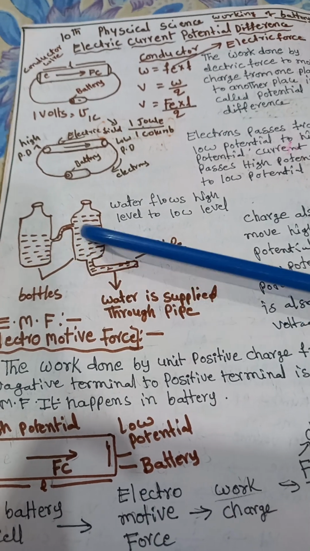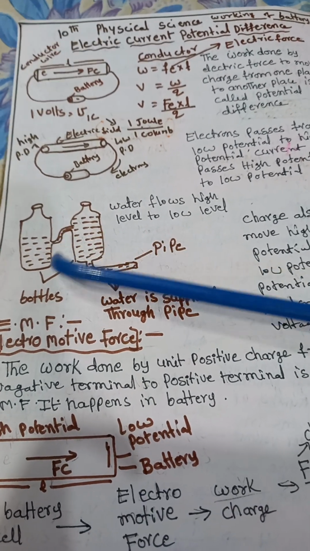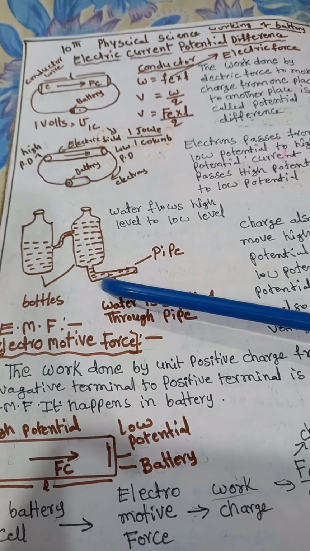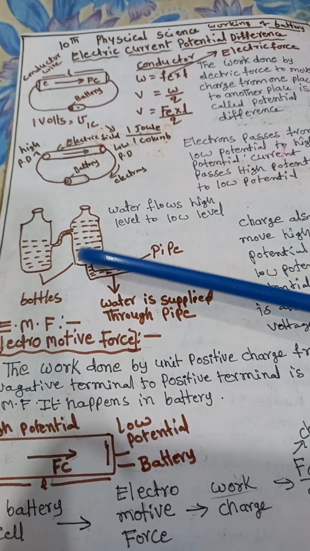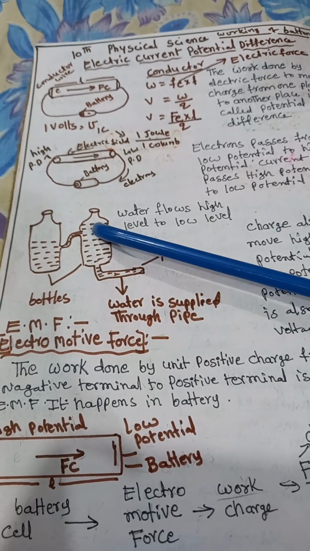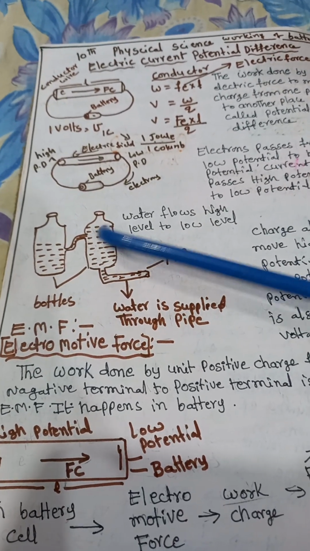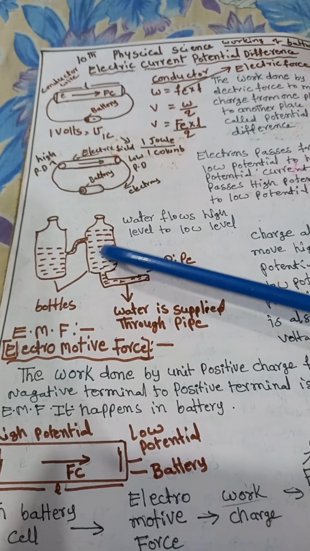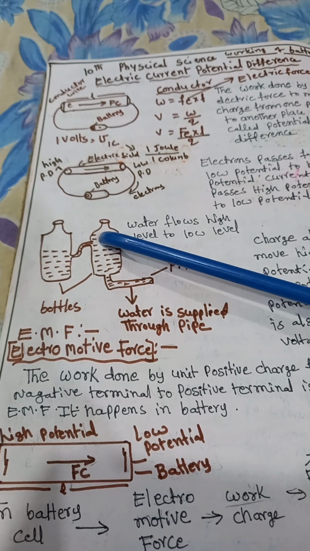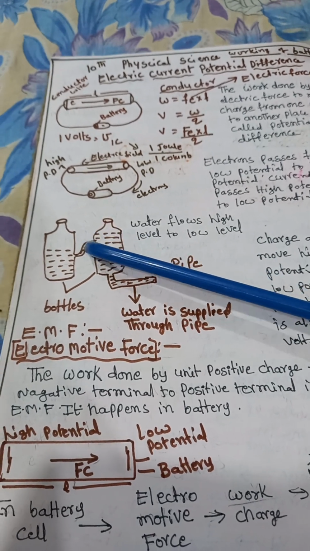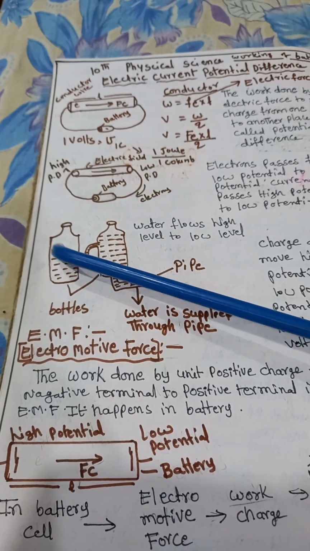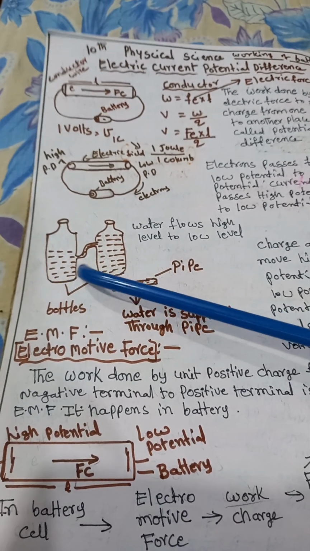These two bottles are connected with a small pipe, and below the first bottle another pipe is connected, and through this pipe the water is supplied. And when the first bottle has a high water level, the excess water flows through the small pipe and reaches the other bottle.